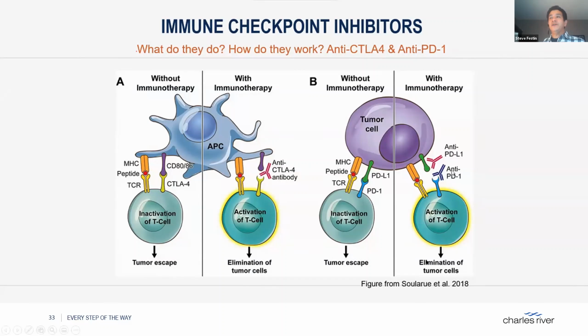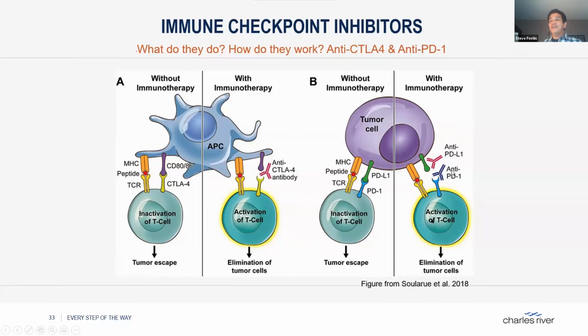And so CTLA-4 is actually a receptor that interacts with CD80, CD86 here, and is involved in inactivation of T cells by antigen-presenting MHC cells. But we're really focused on, in these studies, looking at the tumor cells and these interactions between PD-1 and PD-L1, and the ability of these antibodies to then interfere.